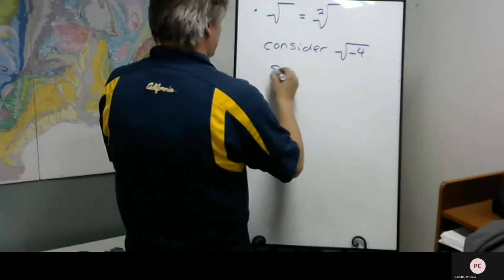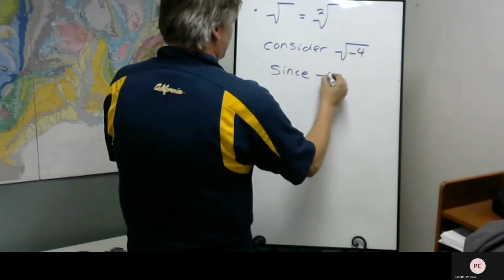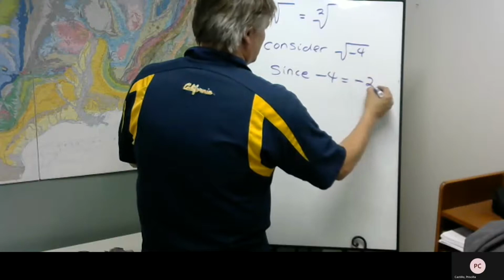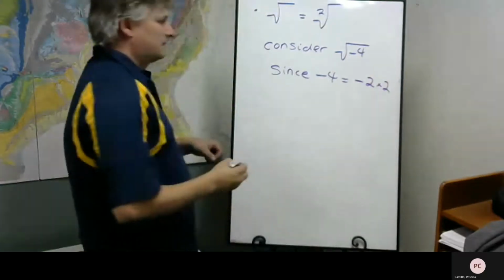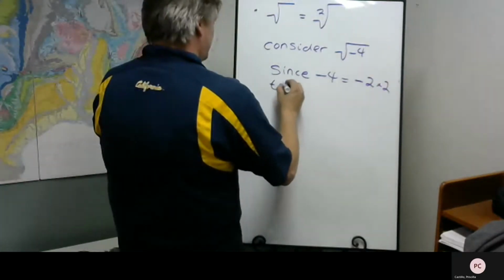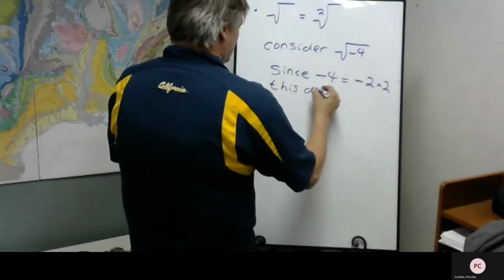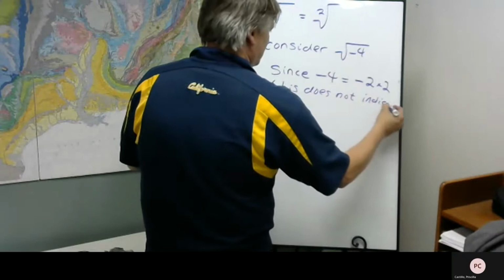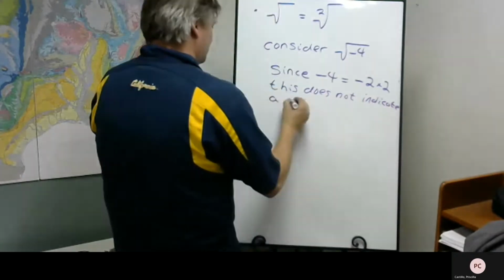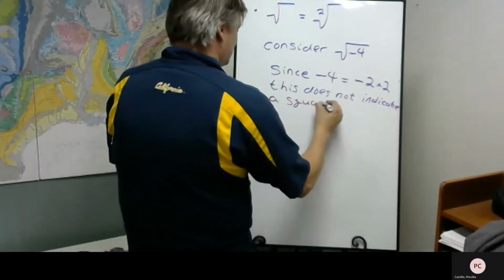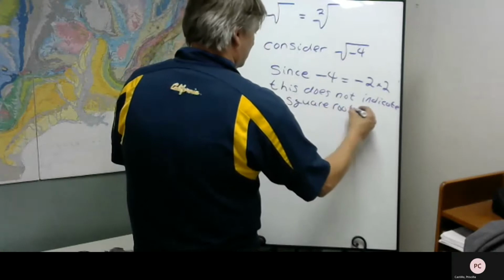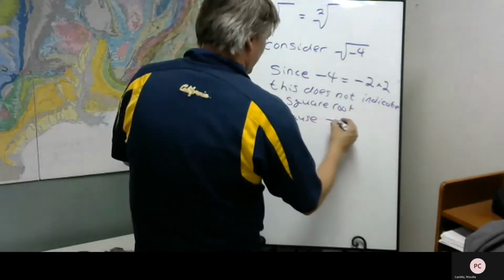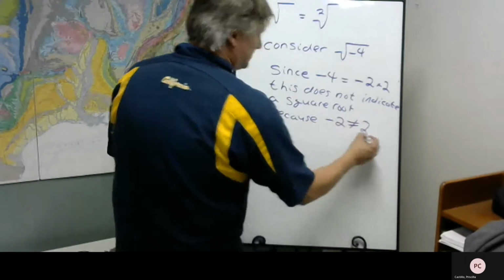Well, since negative 4 is equal to negative 2 times 2, this does not indicate a square root, because negative 2 is not the same as 2.